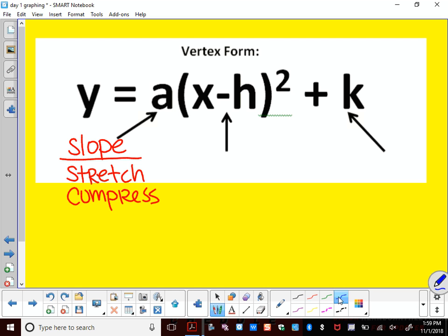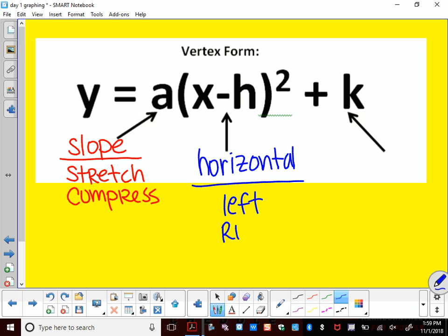Alright, my h tells me how to go horizontally. I have 2 options. I can go left, or I can go right. If I go left, how do I know? Will it be plus or minus? Plus? Yes.